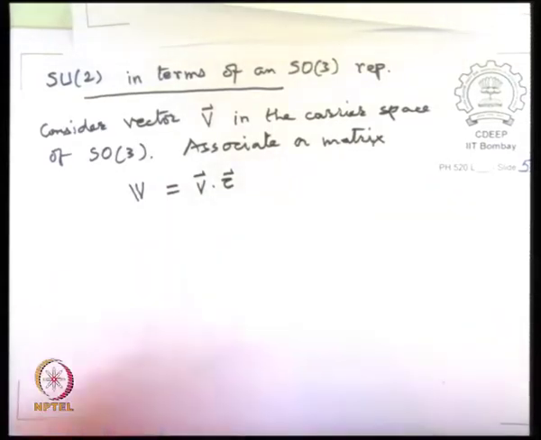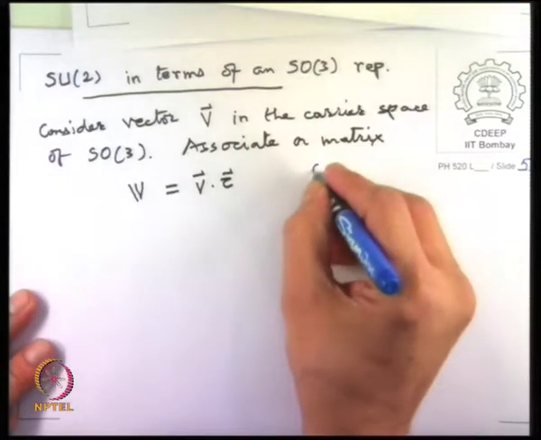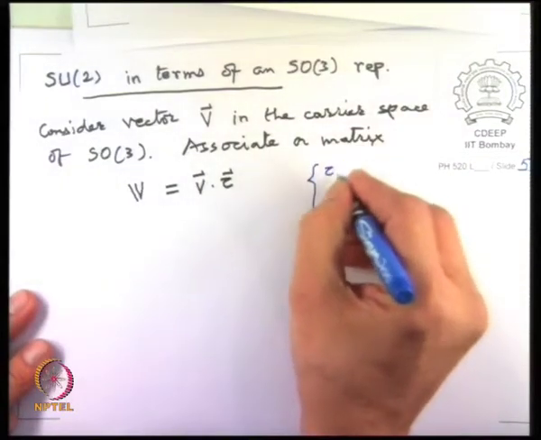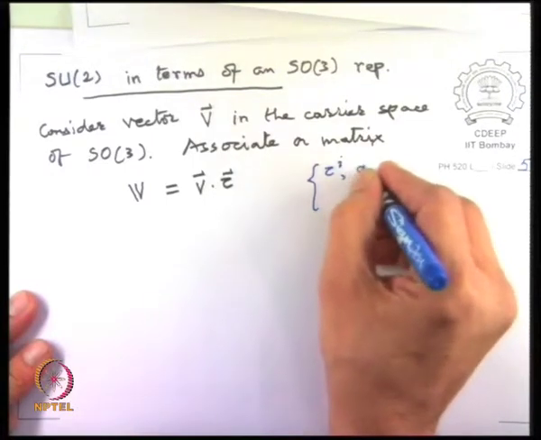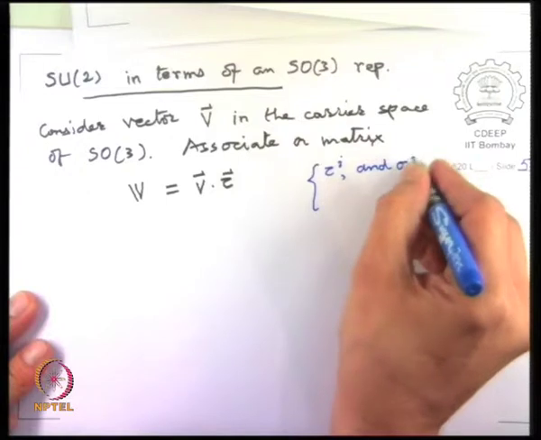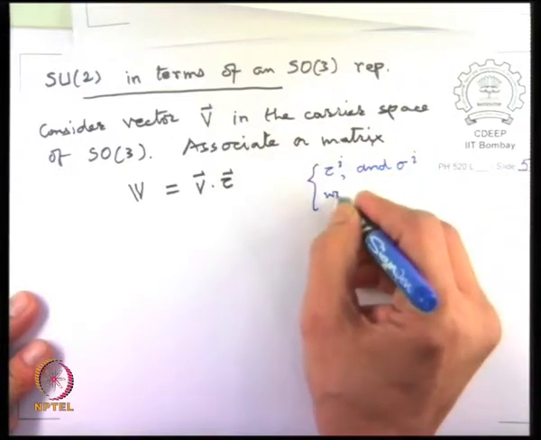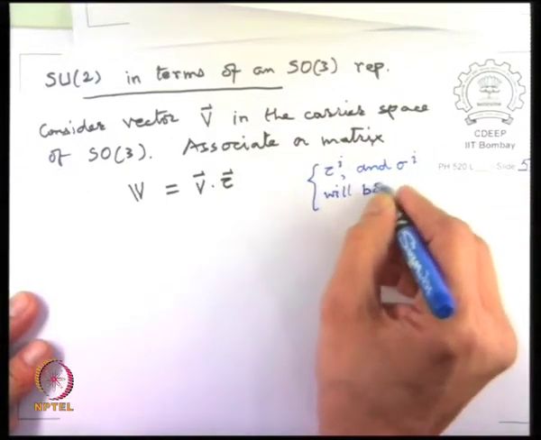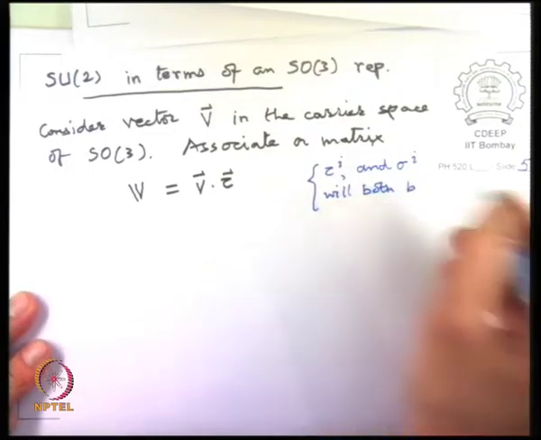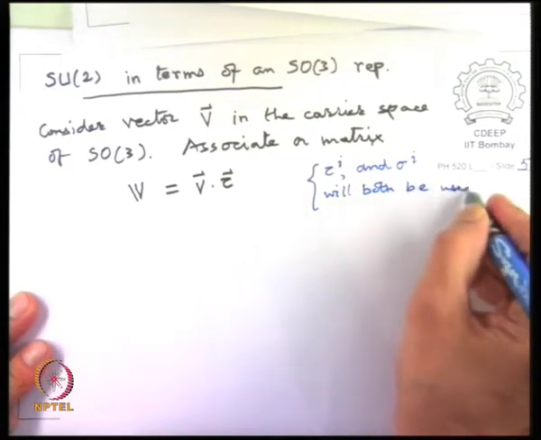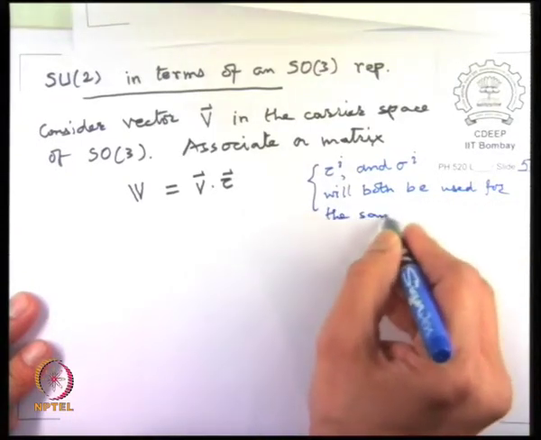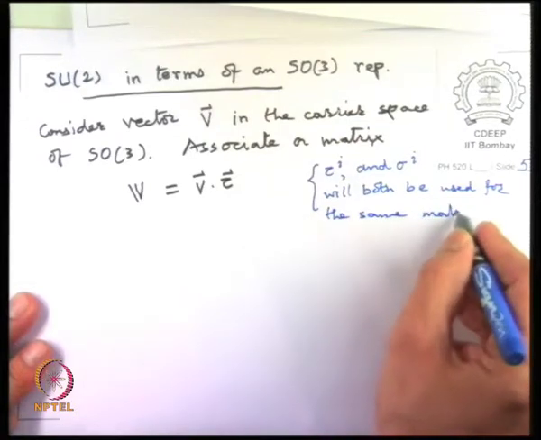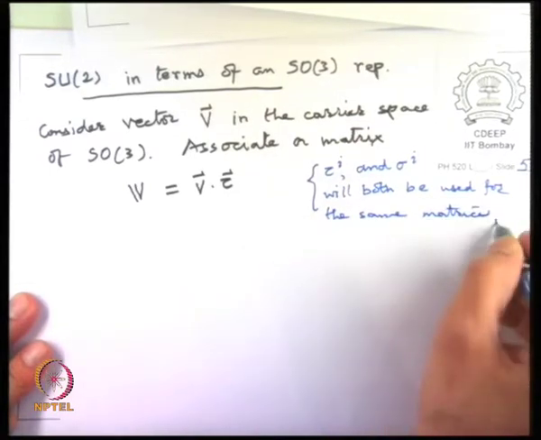And let me write over here a little note about the notation. Tau i and sigma i will both be used for the same set of matrices, the Pauli matrices.